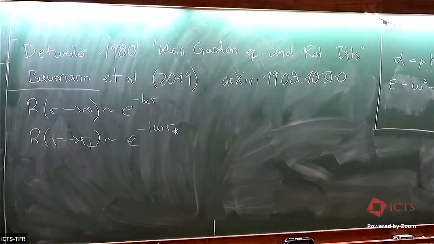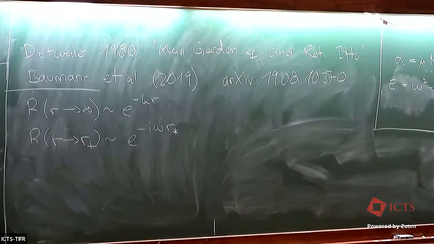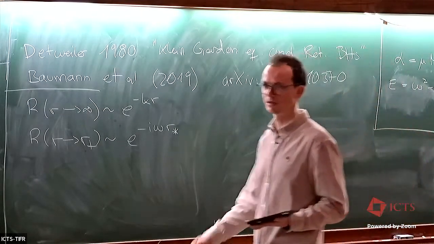Right, so this r equals 0, maybe I should erase it because it's only true for one particular state. But it's basically that R is regular, so it doesn't blow up at the origin. And that picks out one of the homogeneous solutions, and then the other one is what you're describing.